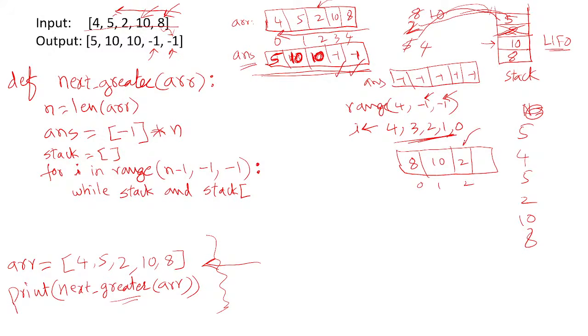The last element in the list is always the top element of the stack. If I show this vertically, it looks like this. In Python you can access the last element using the -1 index. Stack of -1 always gives the last element, which is the top element. So you check while the stack contains some elements.